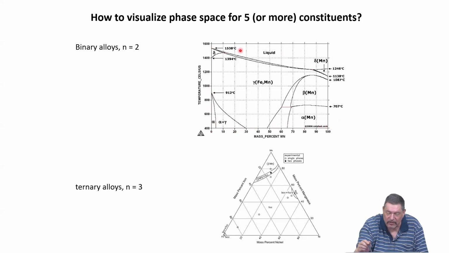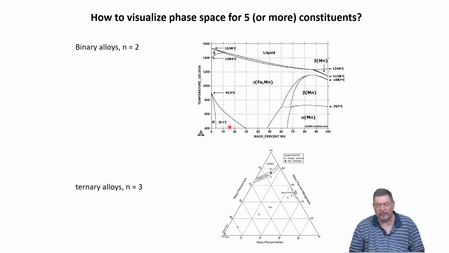Right? So you have a liquid phase here, and then there is this two-phase regime between liquid and solid, between the solidus and the liquidus line. Then you have a huge phase field here, where you have a solid solution, which is stable, but then you have also other phases with other crystallographies present.